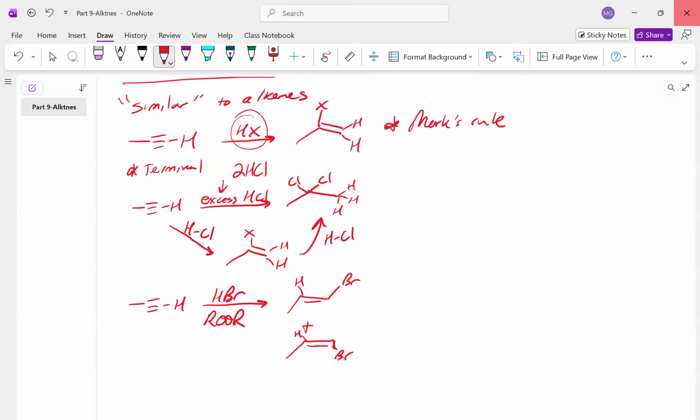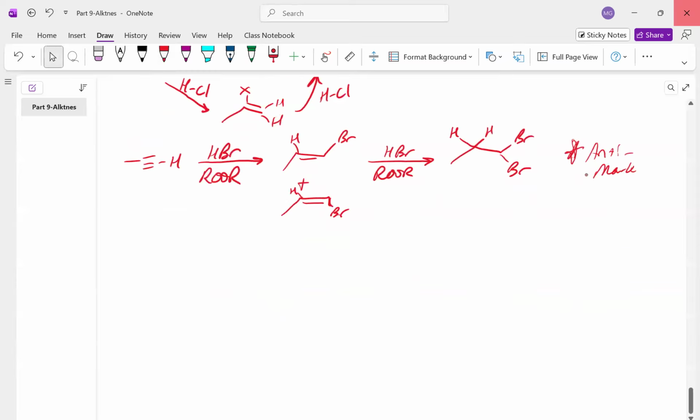But if we, again, add an excess of HBr, we're going to do that addition twice. So you'll have two hydrogens on the more substituted carbon and two bromines on the less substituted carbon. Again, this is an anti-Markovnikov's addition.